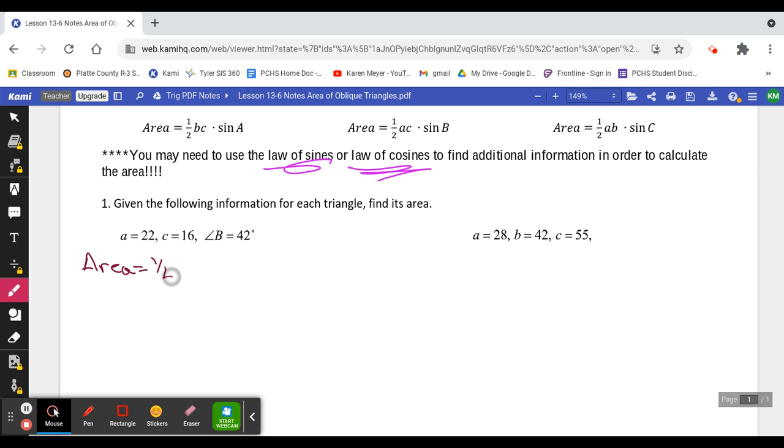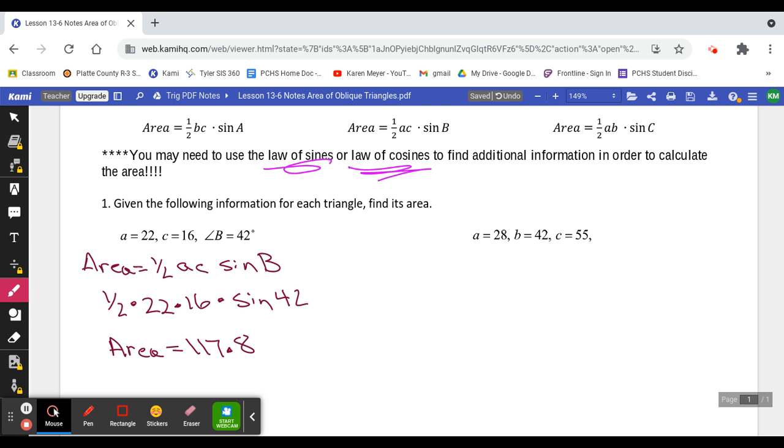It says 1/2 ac sine of big B. That's exactly what I've got: a little a, a little c, and the angle big B. So if we just plug it in, we're going to do 1/2 times 22 times 16 times sine of 42. I type that directly into my calculator, and I get the area to be about 117.8.